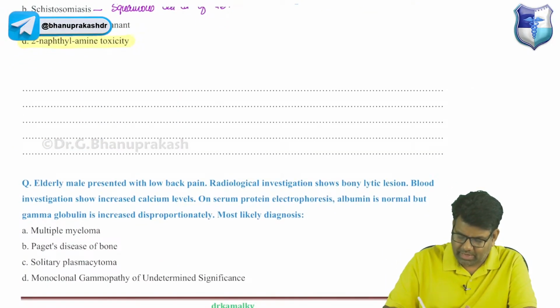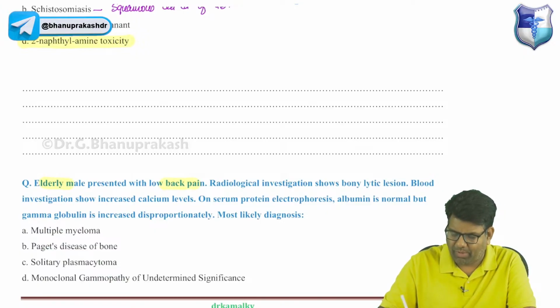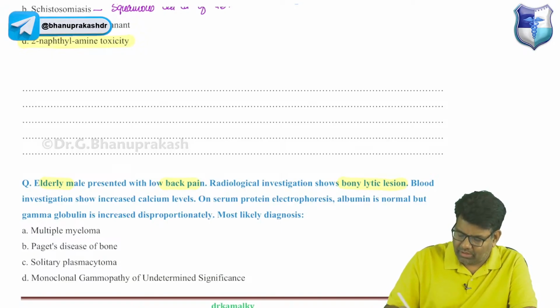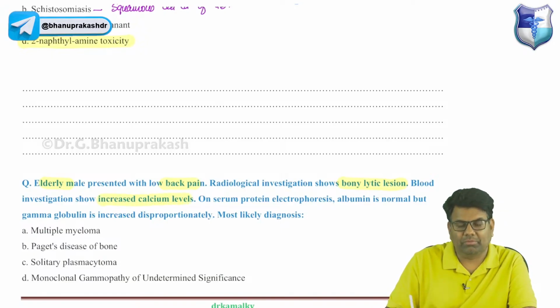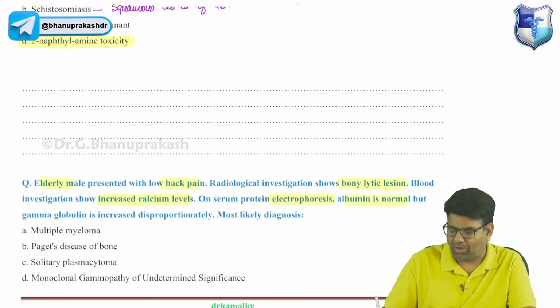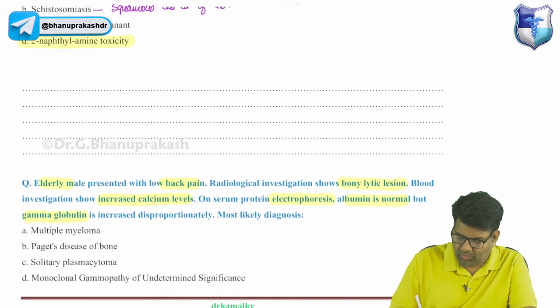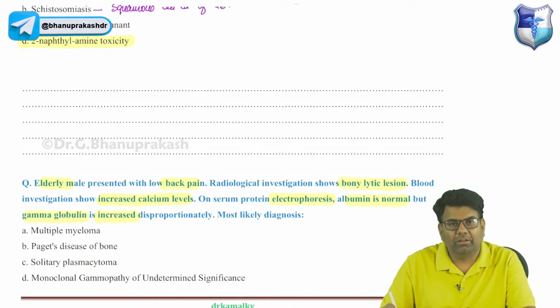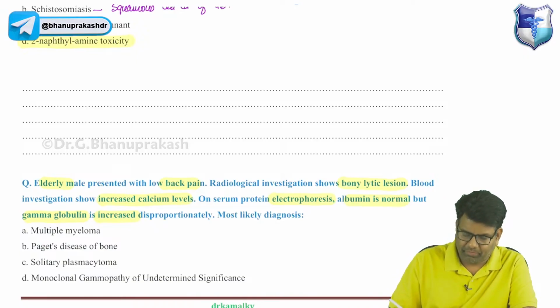Next question. Elderly male, low back pain, there are bony lytic lesions, raised serum calcium value, and on electrophoresis we see that albumin is normal but gamma globulin is increased disproportionately. What is this condition? Yes, everyone is right. The condition is multiple myeloma.